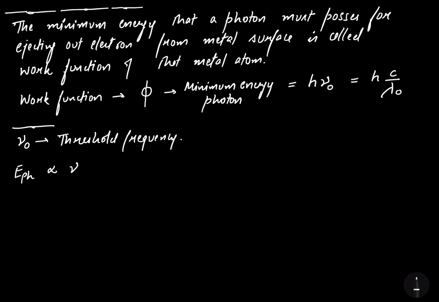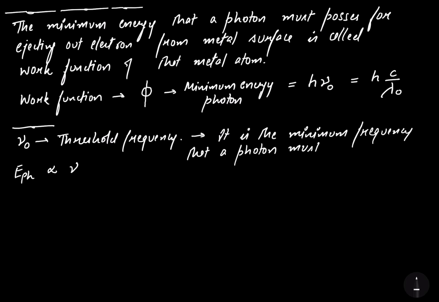So it is the minimum frequency that a photon must possess to eject electron from metal surface.